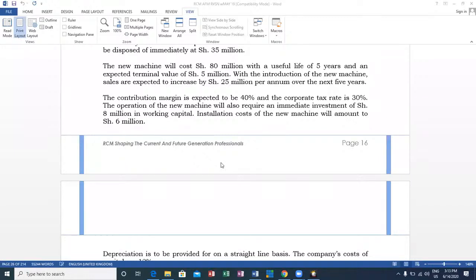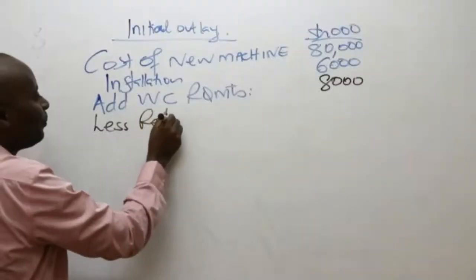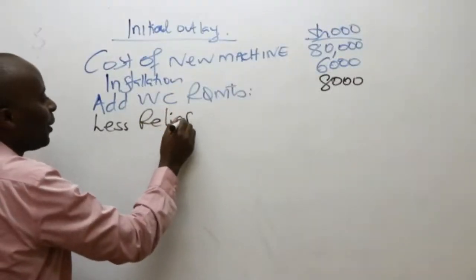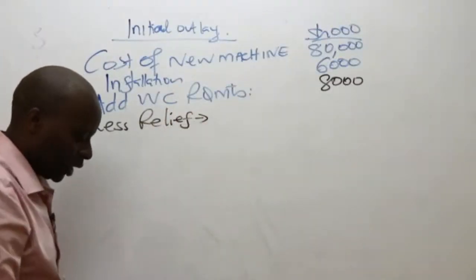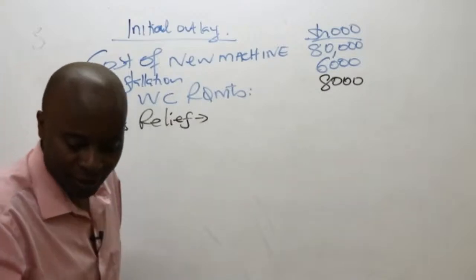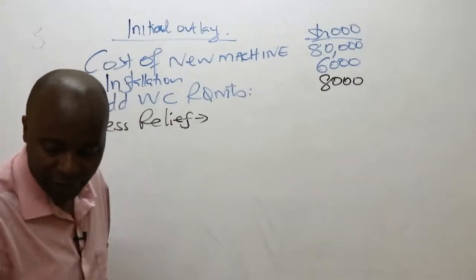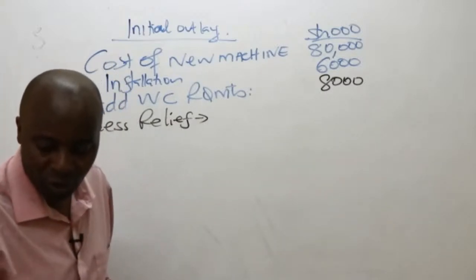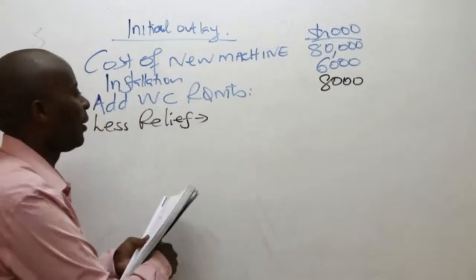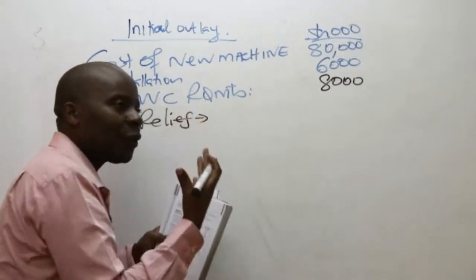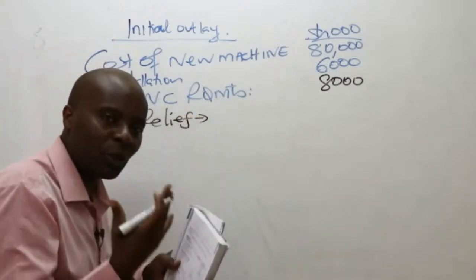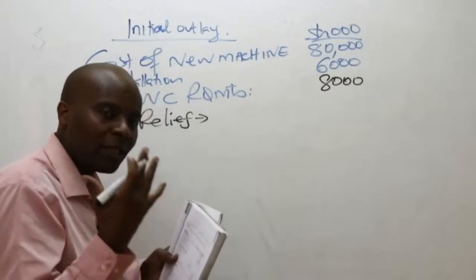Now, ladies and gentlemen, we have some relief. So we have here less relief, in terms of proceeds of the old machine. If we decide to put up the new machine today, we have to sell the old machine.